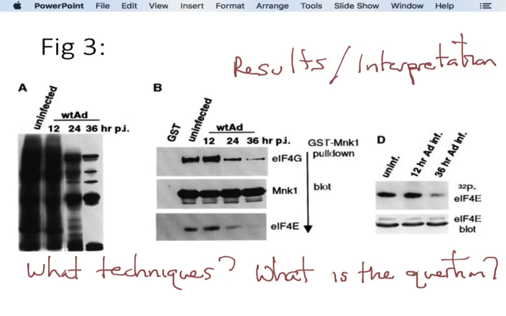Those discrete bands are typical for adenoviral proteins. So this is the figure to say cap-dependent translation is being inhibited, and you've got adenoviral translation becoming the majority of translation that's going on. That's the takeaway point from that image.